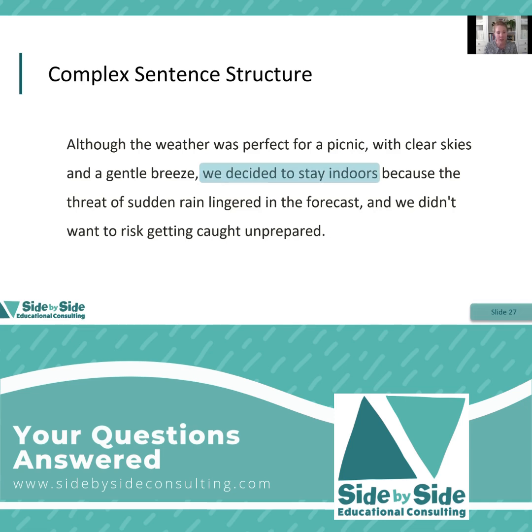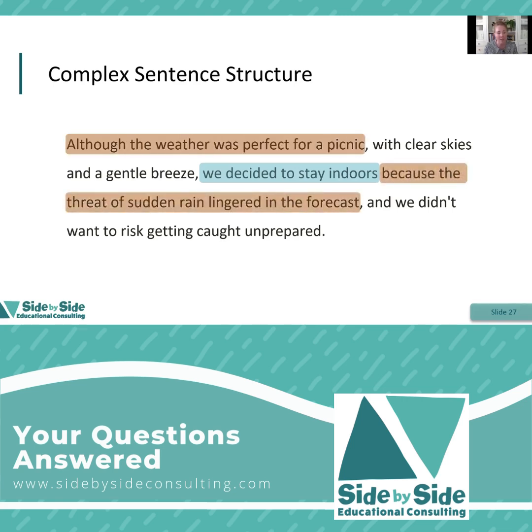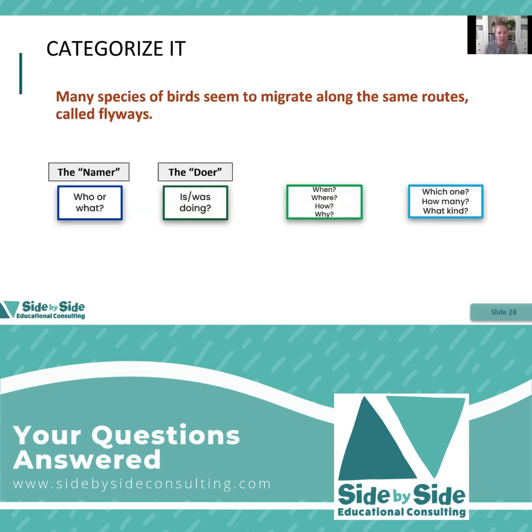That first main independent clause, we decided to stay indoors, is modified by these other two that have that introduction word, although and because. By pointing that out to students, those subordinating conjunctions, we really can help them to unpack the complexity of those difficult sentences.